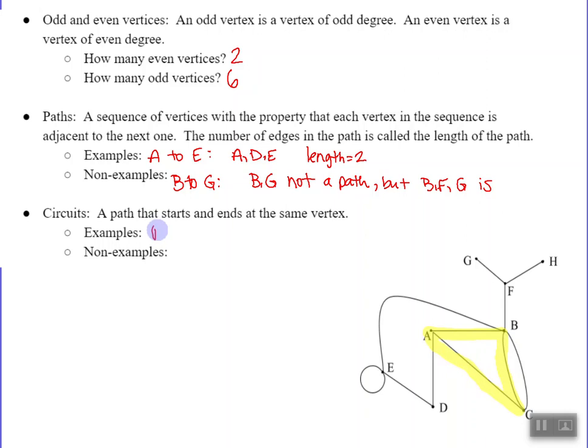So if I say A to B to C and back to A. And again, you can talk about the length of a circuit and see that that has length 3. Going from G to F to H is not a circuit because you do not begin and end at the same vertex.